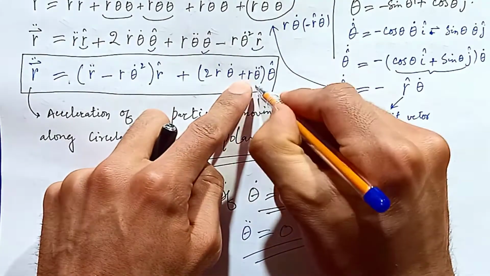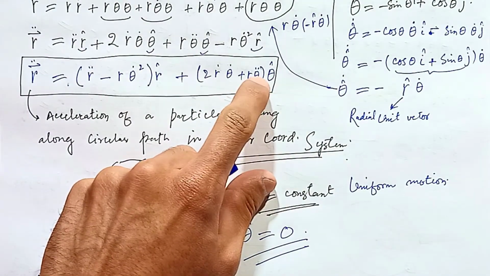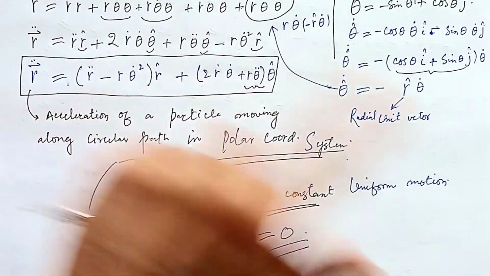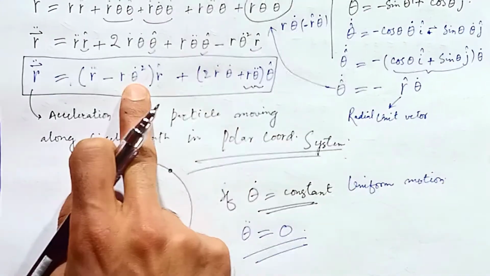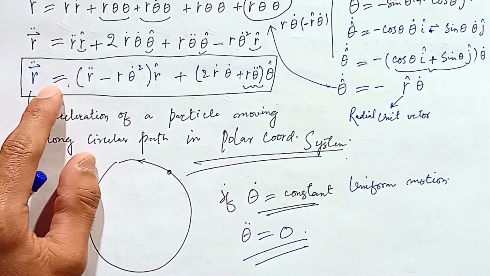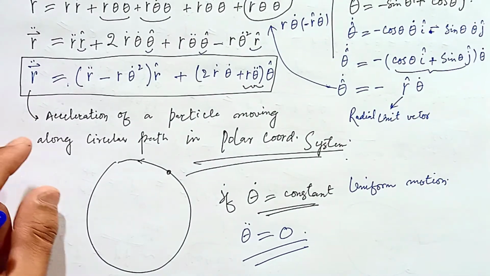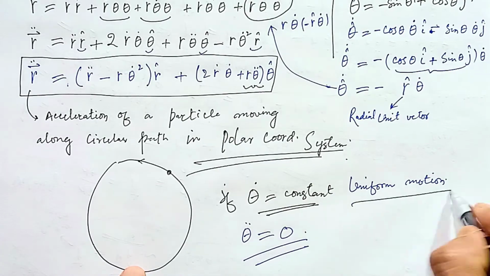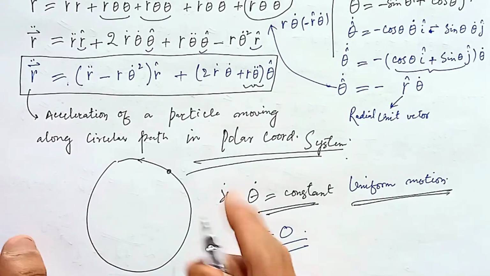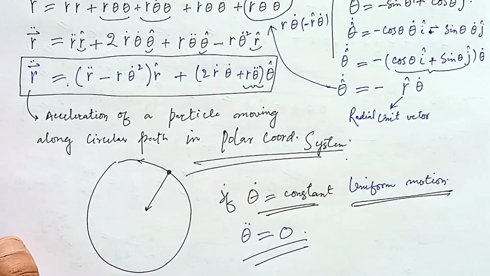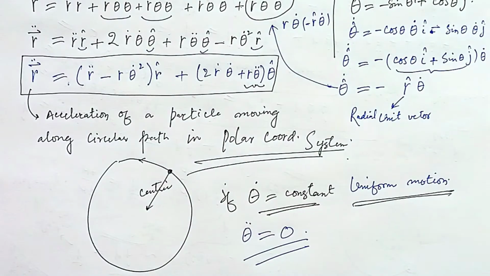That means this term will vanish because it contains theta double dot and nothing else. There will still be the remaining terms, and they will produce the acceleration. That will be the centripetal acceleration again. So even though the motion is uniform, acceleration will still be produced inside the body, produced by the centripetal force.